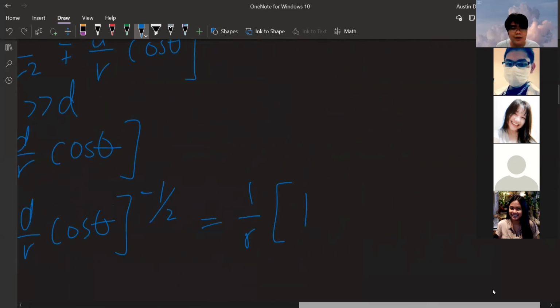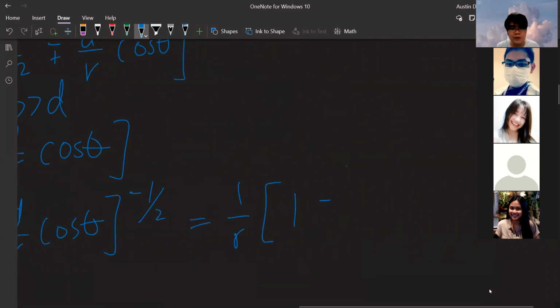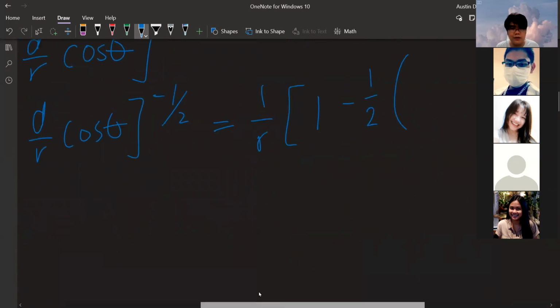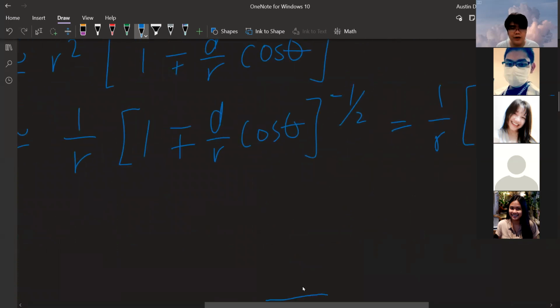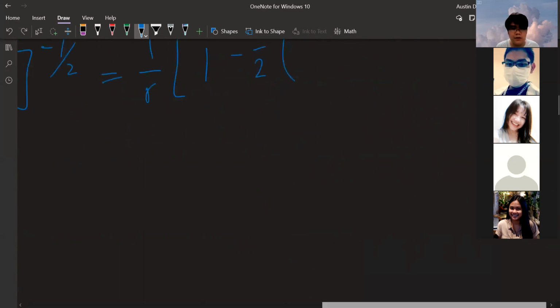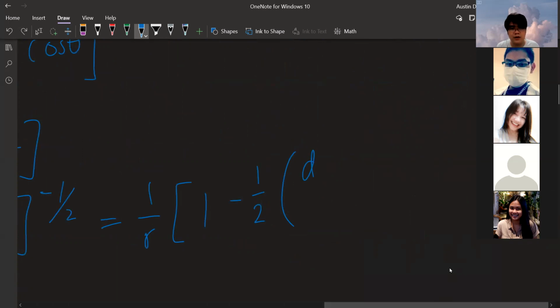Magiging 1 minus 1/2 ng kung ano man ito, this whole thing. So D over R cosine theta.